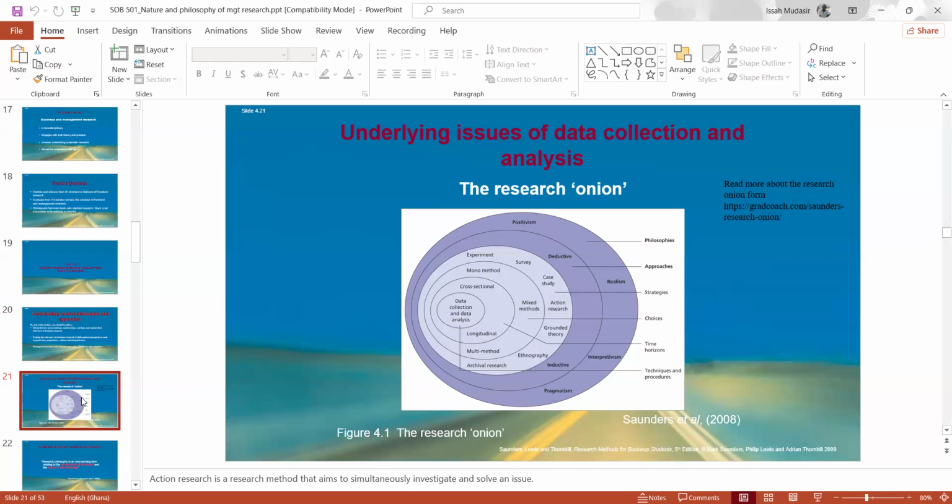Or are you a critical management researcher? I have not added that to this, but that's another new philosophy, but we are not adding it to this particular discussion. Or you are a pragmatist. So your research philosophy is the beginning of your research journey.